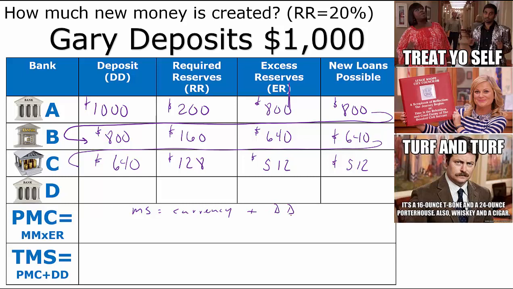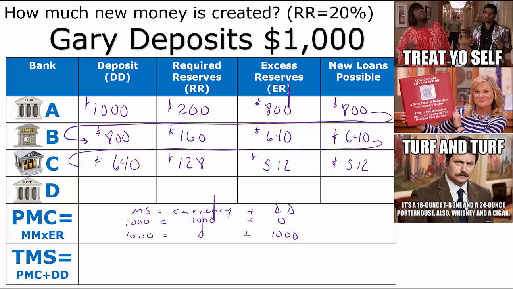Before there was any deposits anywhere, Gary had $1,000 in his pocket and $0 in his checking account, so the money supply was $1,000, right? As soon as he made a deposit, there was $0 of currency and $1,000 in his checking account, which means money supply was still $1,000.